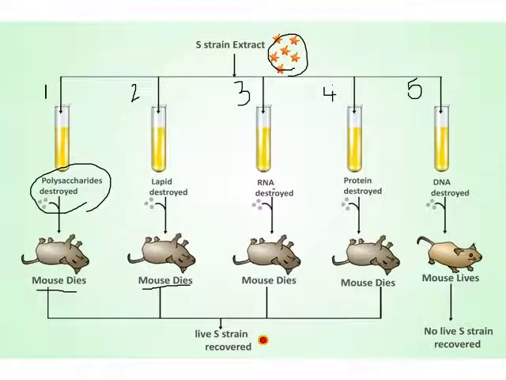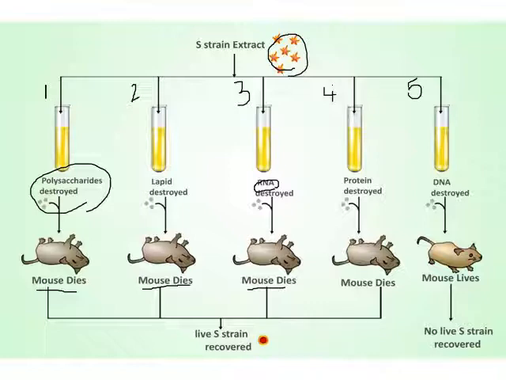Okay. Tube 3. To destroy the RNA, you're going to use an RNase. Okay, it's an enzyme that goes through and chews up nucleotide by nucleotide any RNA present. Took the treated S solution, mixed it with R, injected it into a mouse.